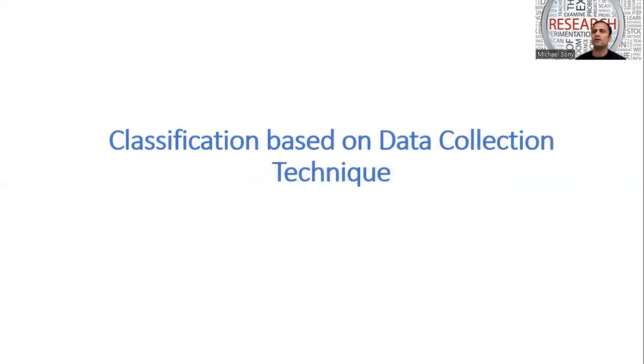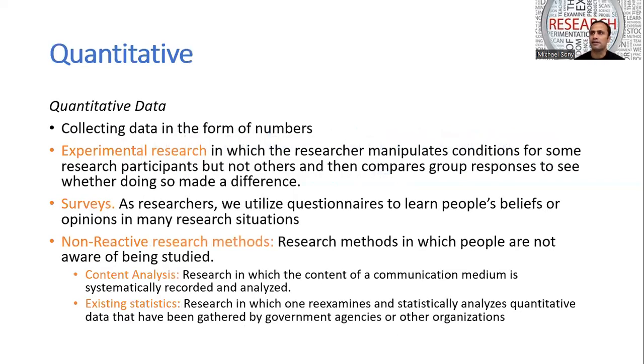And we also classify the research method based on the data collection technique. When you talk about data collection technique, whether it's a quantitative study, data is numerical, whether it's a survey, an experimental study, or non-reactive research methods like analyzing the existing secondary data and then trying to make meaning out of it.